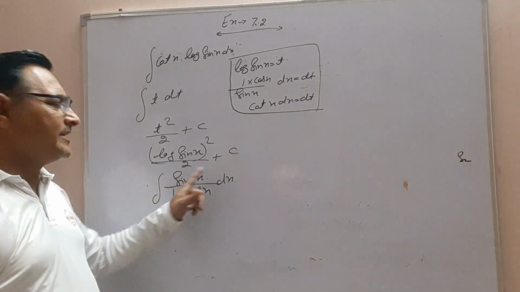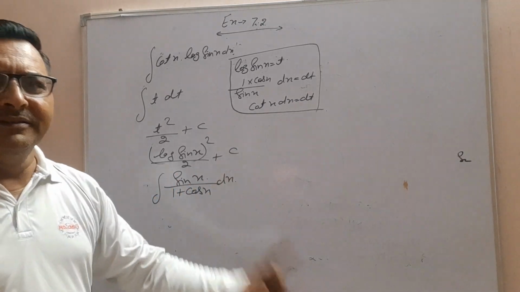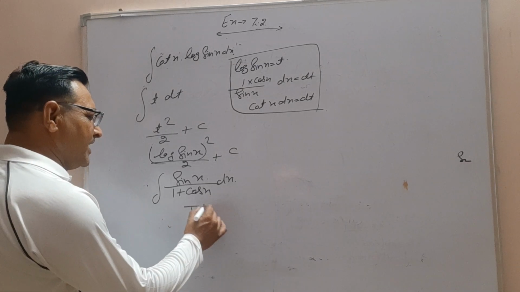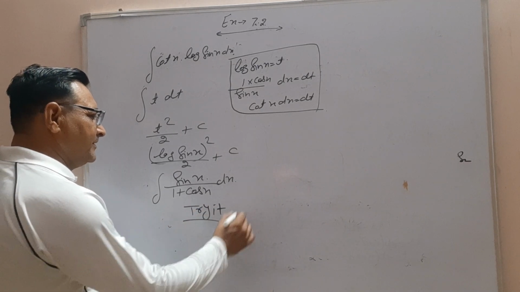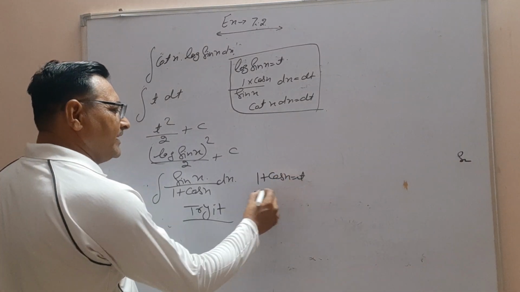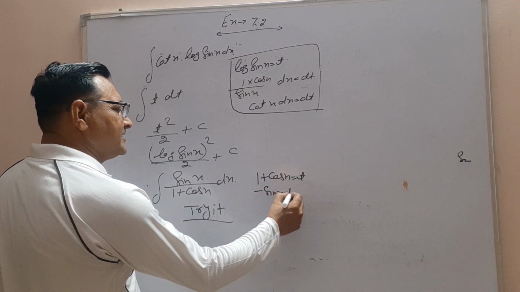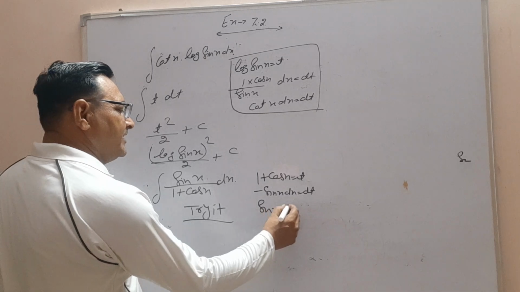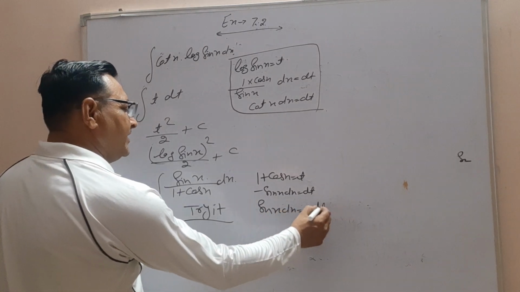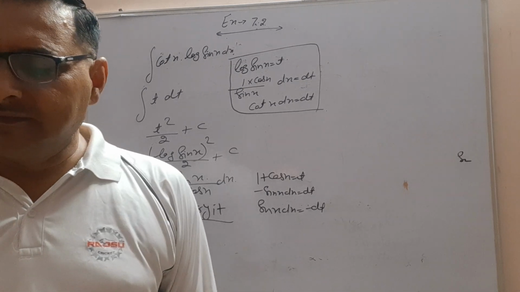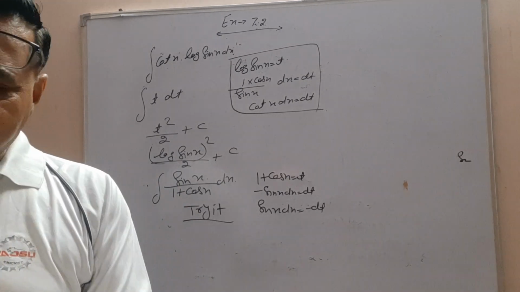So you will get minus dt upon t. So you will do this question yourself. Put here 1 plus cos x is equal to t. So you will get minus sin x dx is equal to dt. So sin x dx is equal to minus of dt. Complete this question yourself.